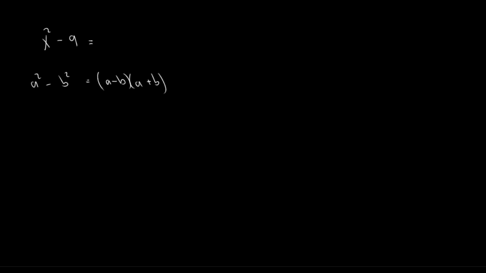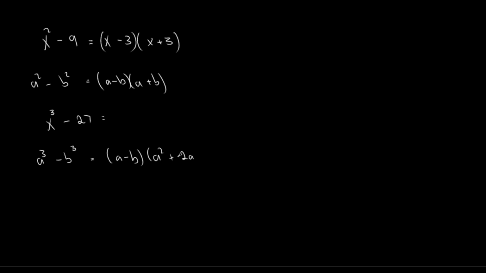So in this case, we're just going to break this up into x minus 3, x plus 3. Let's look at the next one. What if we have x cubed minus 27? Well, in this case, I'm going to say difference of perfect cubes. I can rewrite this as a minus b, a squared plus ab plus b squared.